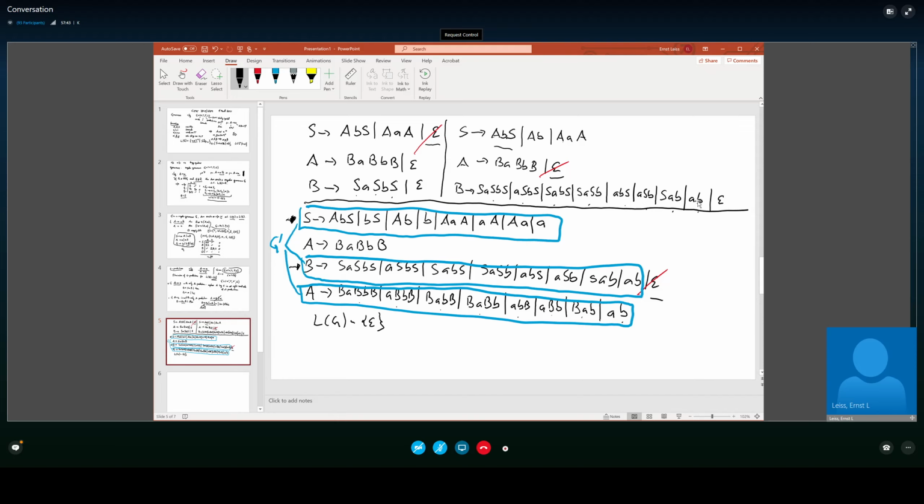Here we replaced all of them. And then, of course, we still have the B goes to epsilon. That B goes to epsilon has nothing to do with those 8 productions. The 8 productions come from systematically replacing S either by epsilon or not.